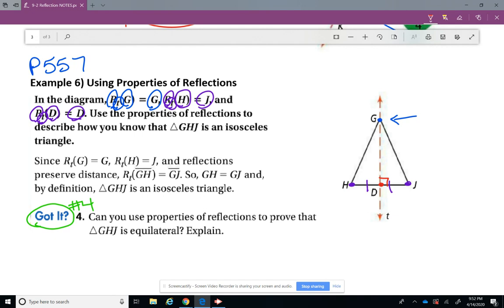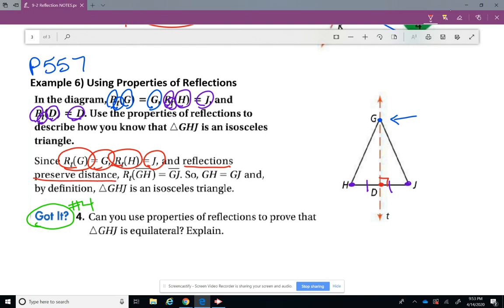Use the properties of reflections to describe how you know that triangle GHJ is an isosceles triangle. Well, since G is reflected and you get G, it's the same point, kind of like the reflexive property. And when H is reflected and you get J, that means they're the same distance from line T. And reflections preserve distance.